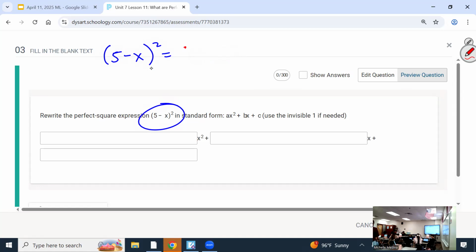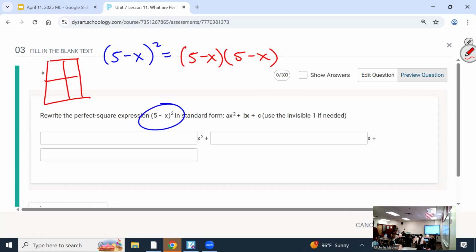You have to expand it, which means if this tells me to multiply this by itself, write it out as this times itself. And then FOIL, double distribute, area model, whatever you like best. I think I'll do the area model.